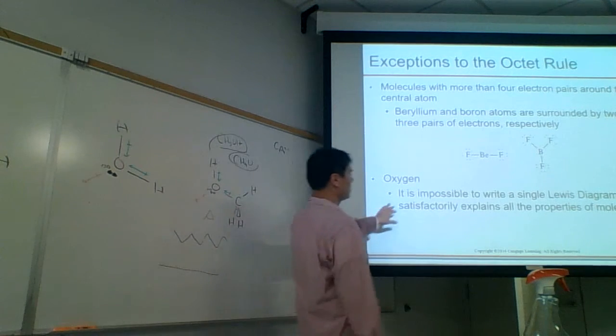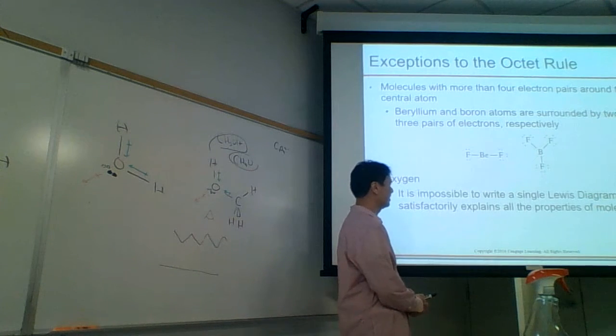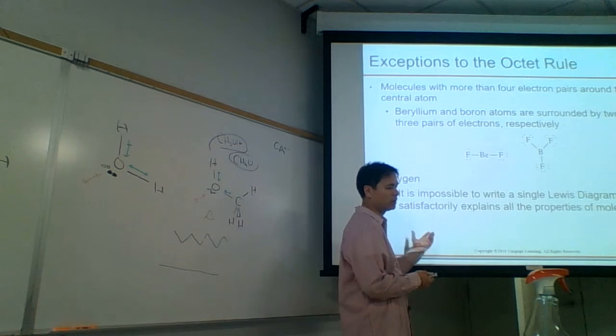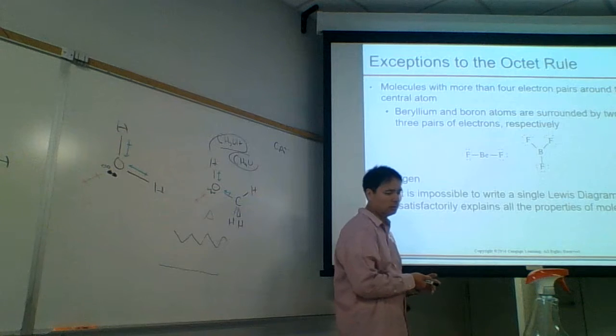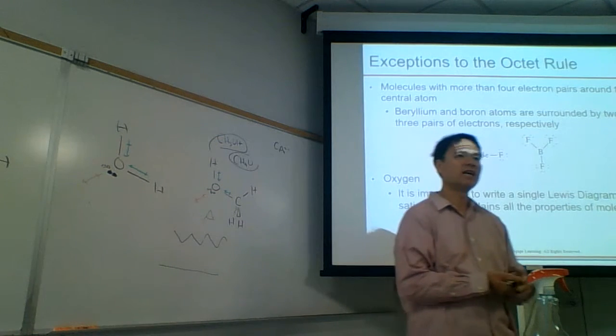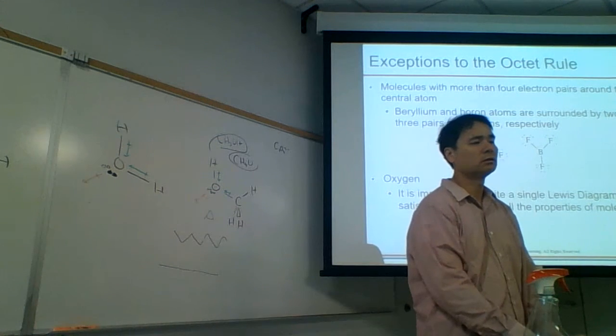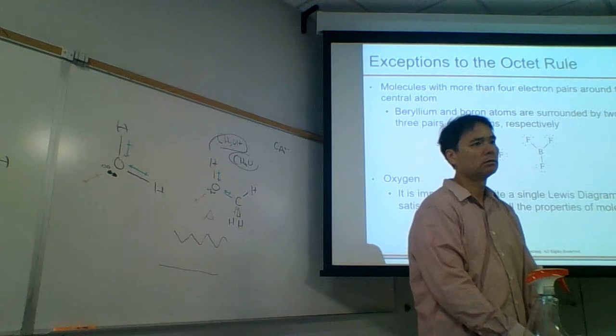Oxygen, it is impossible to write a single Lewis diagram that satisfactorily explains all the properties of molecular oxygen. So if we can't write a Lewis diagram, in other words, a Lewis diagram for oxygen is wrong. And so does that mean, well, it's wrong? Well, what happened to the Bohr model of the atom? The Bohr model of the atom was wrong.